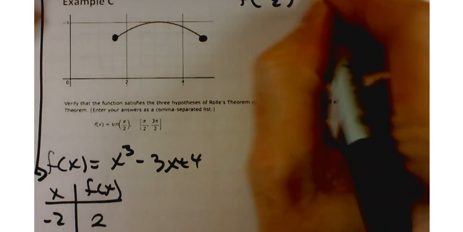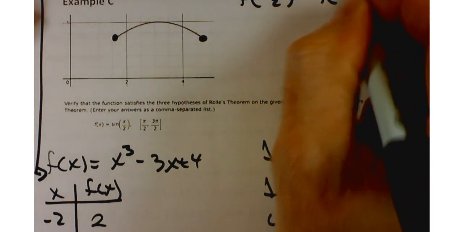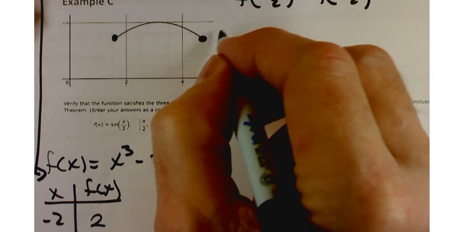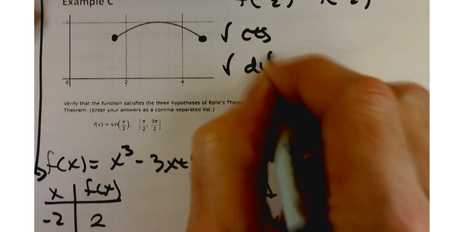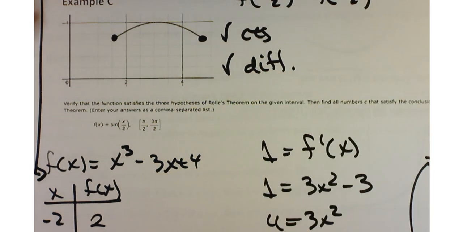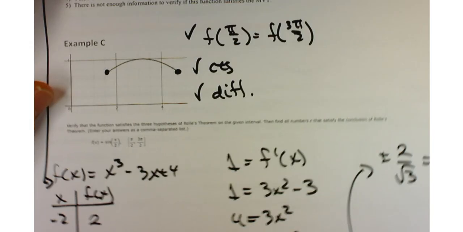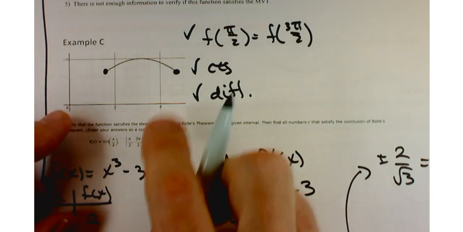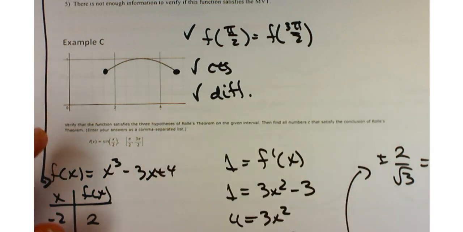So f of pi over 2 equals f of 3 pi over 2. So that one checks. It's continuous and it's differentiable. So all three of those check. Let's see if we can find the point that's guaranteed by the mean value theorem.